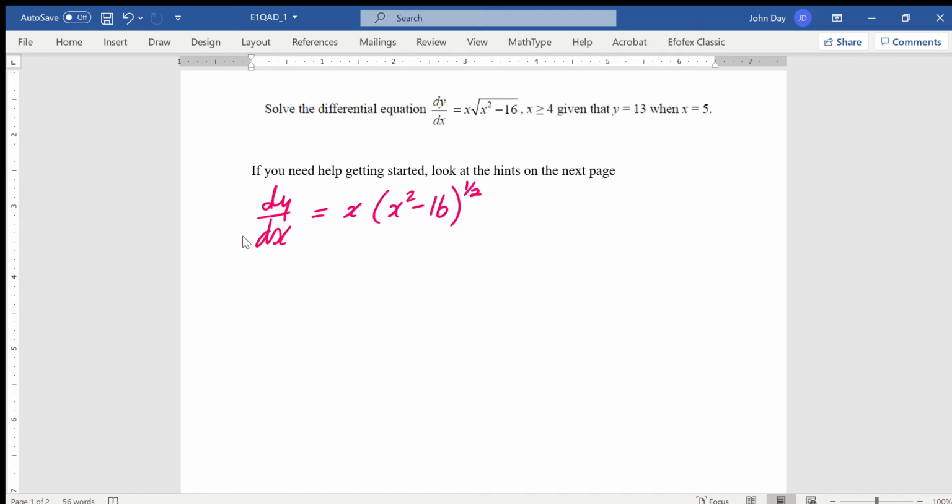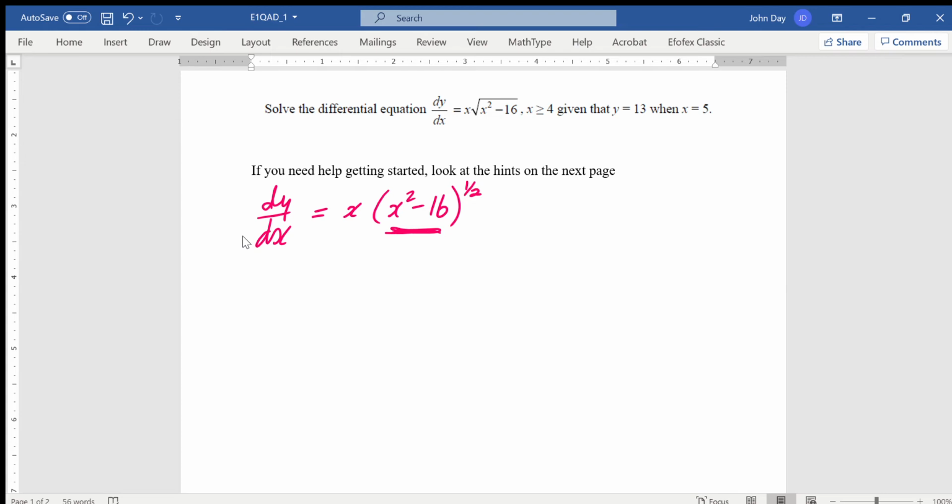That would be a much easier looking question because it almost has the derivative of the internal function, x squared minus 16, sitting in front of it, because the derivative of x squared minus 16 is 2x.